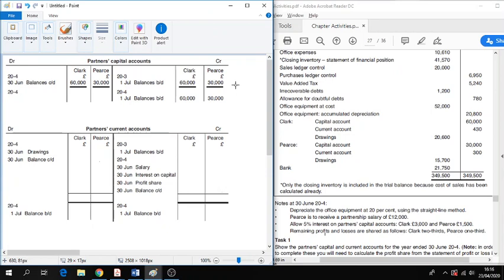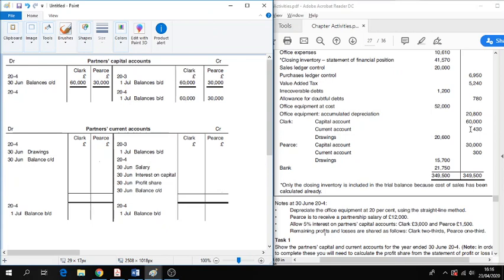Okay, so we've got the current account, 2-column T account for the two partners. Okay, now remember in here, these are all figures readily available for statements. However, these are not. So the current account here and the current account for Pierce, Clark and Pierce, they are not ready.